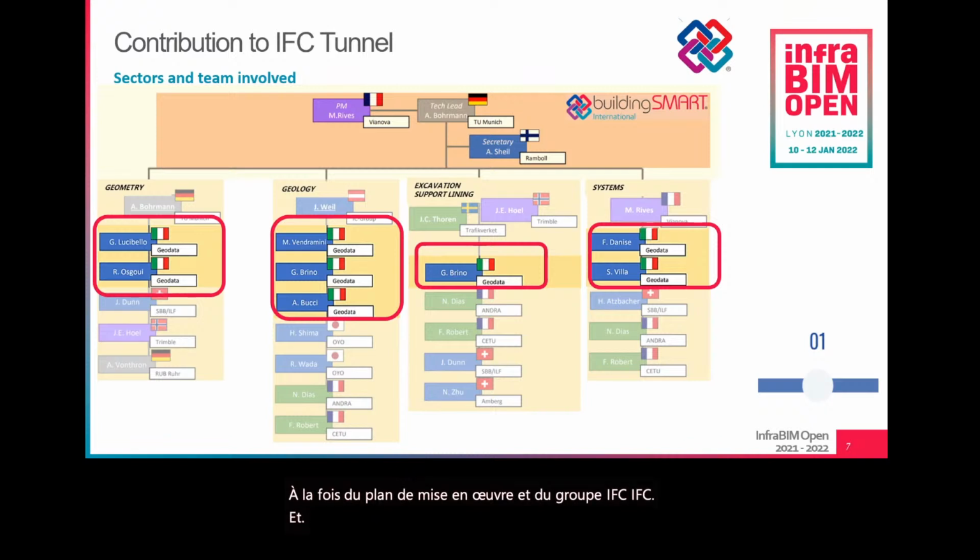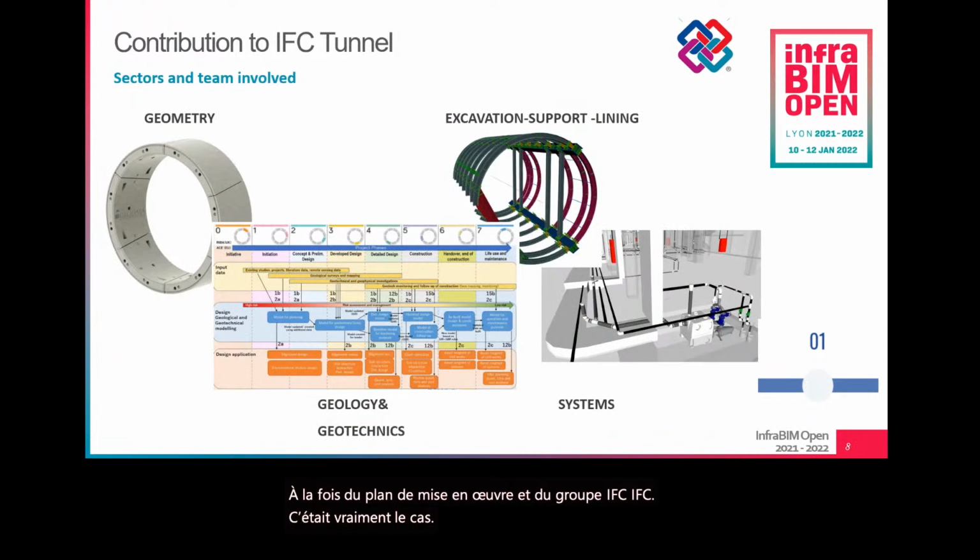It was really important to see how different sectors have been involved. Let's say from geometry, the experience in mechanized tunneling was really useful to define requirements from a geometrical perspective that could be added to IFC Tunnel, and its most important features.